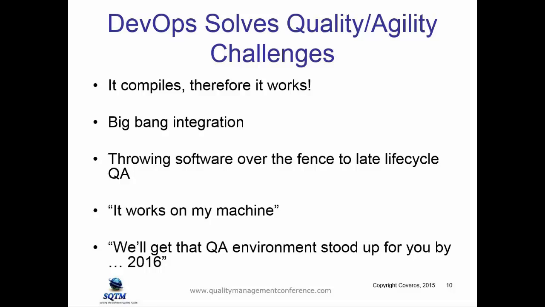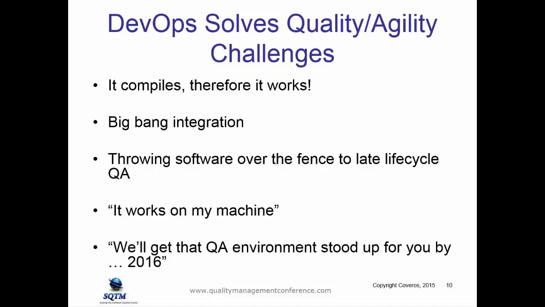The second challenge is what we call Big Bang integration. That is where we've got a large team and we wait until very late in the software development life cycle to actually try to integrate code and get it all working together.